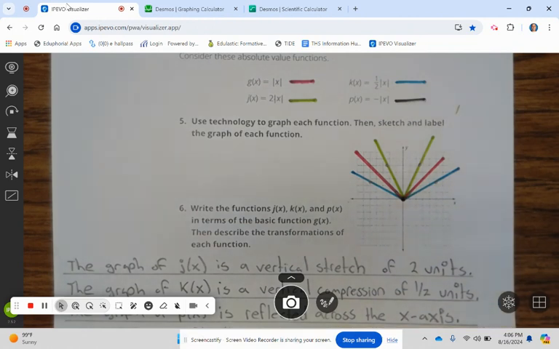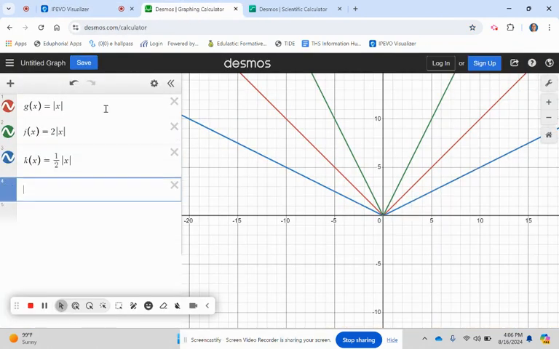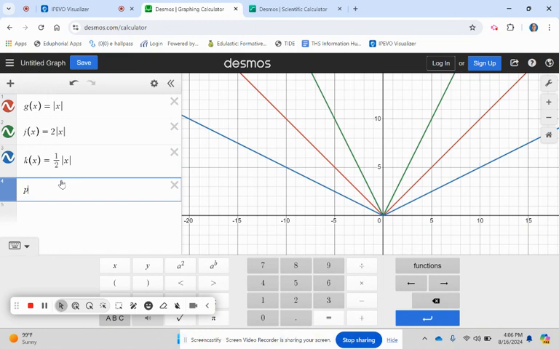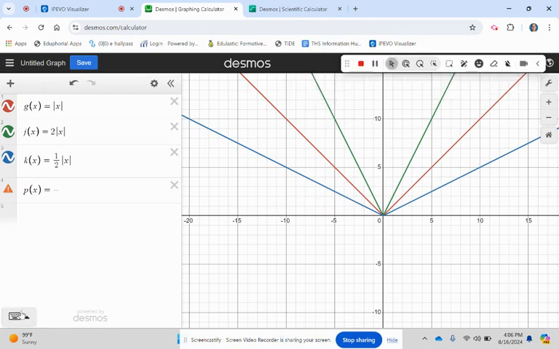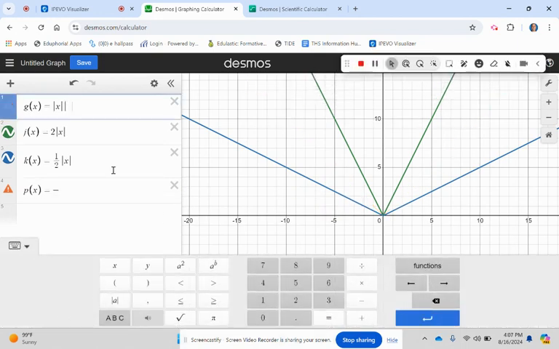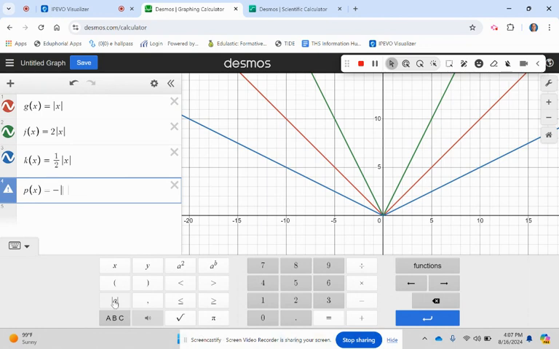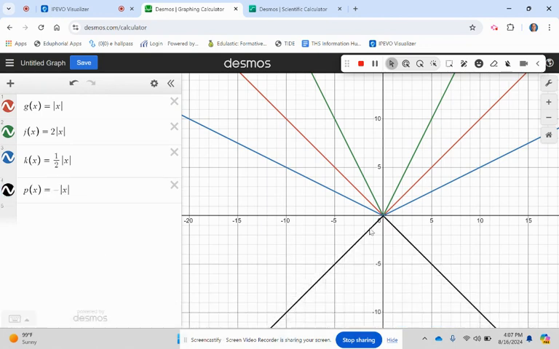Okay, and let's take a look at the last one. P of x equals negative absolute value of x, and let's pick some points.